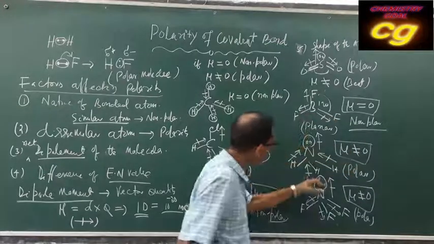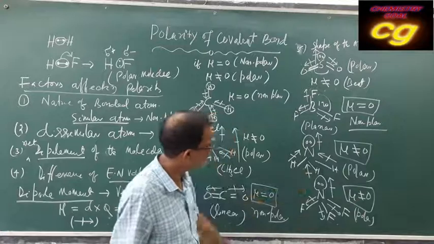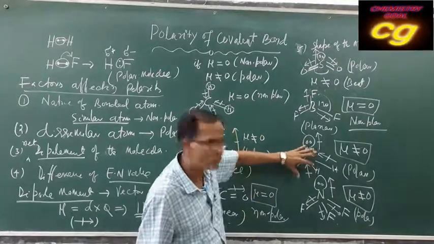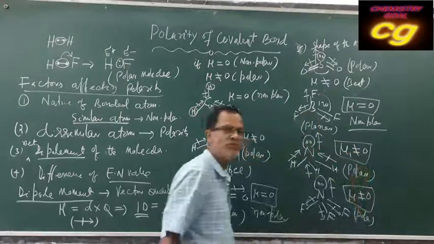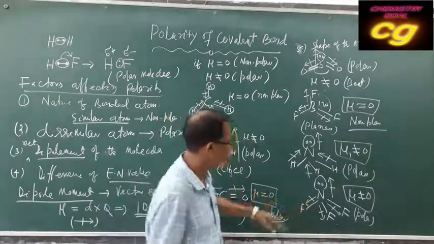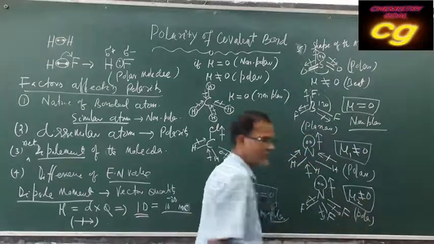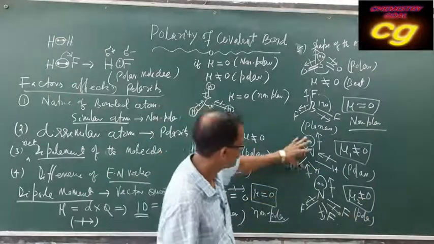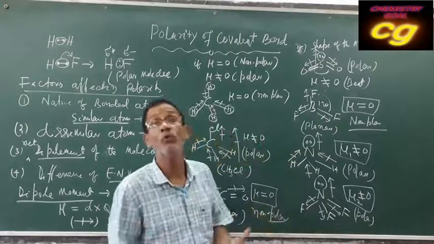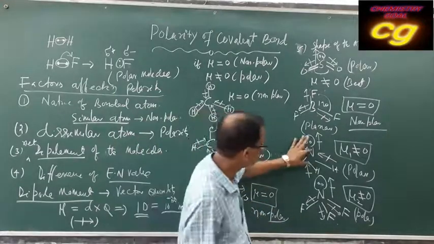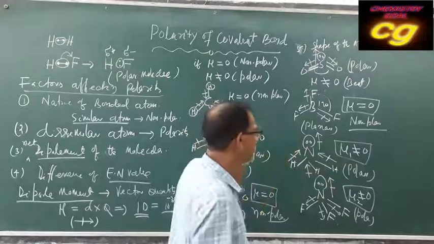But if you compare NH3 and NF3: in NH3 all dipole moments are in one direction. Suppose it is mu1, and for NF3, suppose it is mu2. Both are not 0, so NH3 is a polar molecule and NF3 is a polar molecule. But which is more polar? We have to see the resultant dipole value.